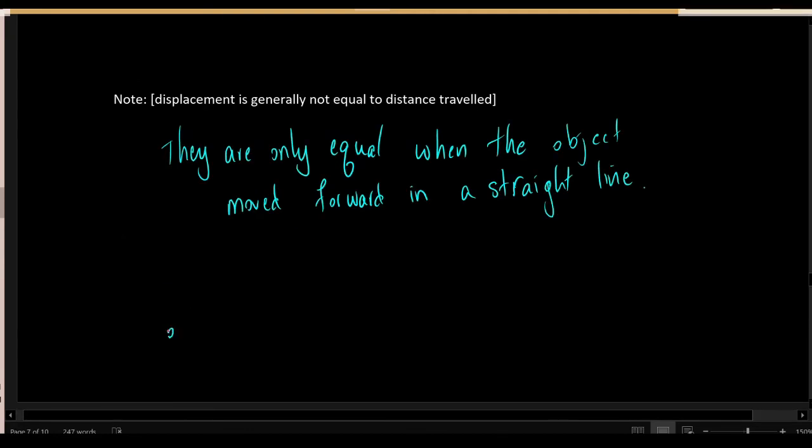If the object moved directly from point A to point B, then the distance traveled by the object and the displacement are equal. But if the object did anything else, if it stopped to smell the roses along the way, then the distance traveled by the object is going to be significantly larger than the displacement.